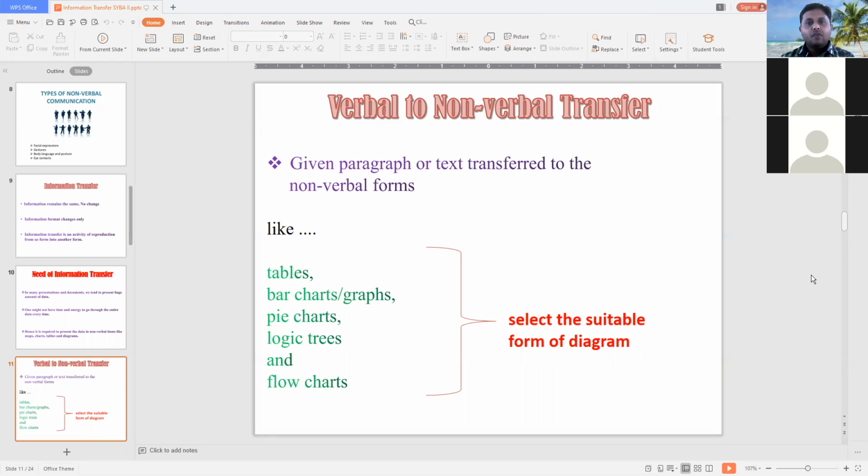We have to select the suitable form. We have to read the paragraph first, and depending upon the information in that paragraph, we select a table, bar chart, graph, pie chart, logic tree, or flow chart. We select any one suitable form to transfer verbal to non-verbal.